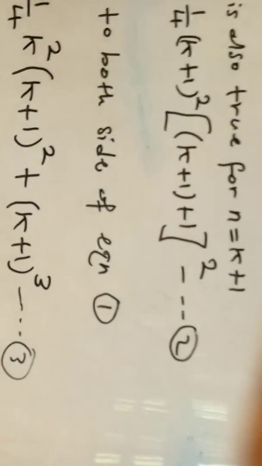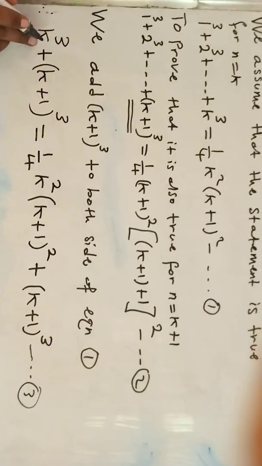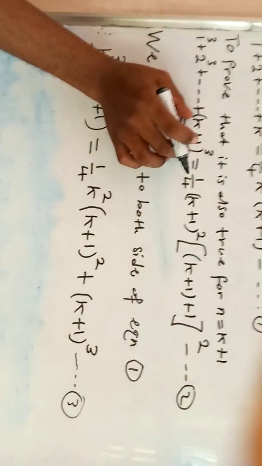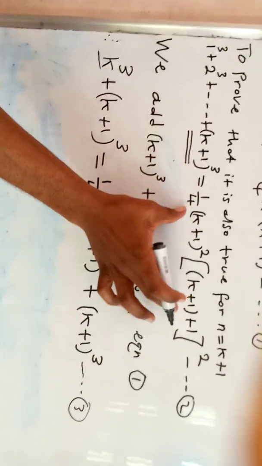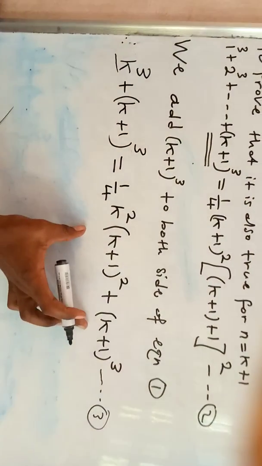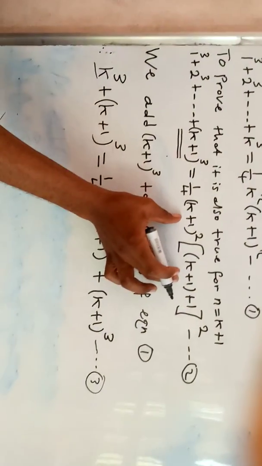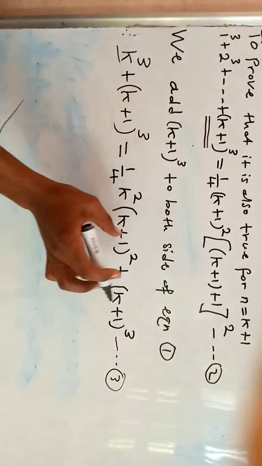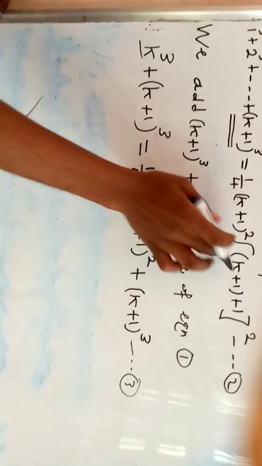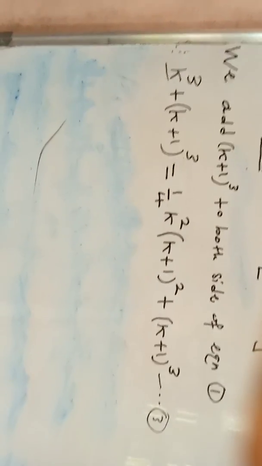If you see, this is equation 3 now. You see that if you remove this, this is the same thing as this, and it's equal to this one here. So now we are going to rearrange the right hand side of this equation to get this. Once we rearrange this right hand side and get this, then we have proven that it is true for n is equal to k.